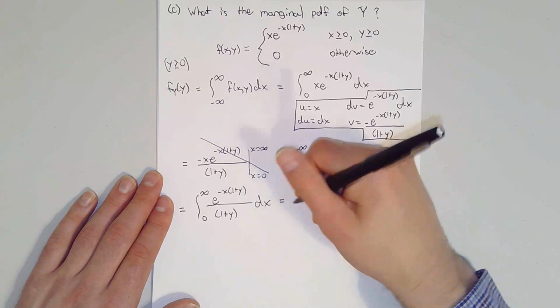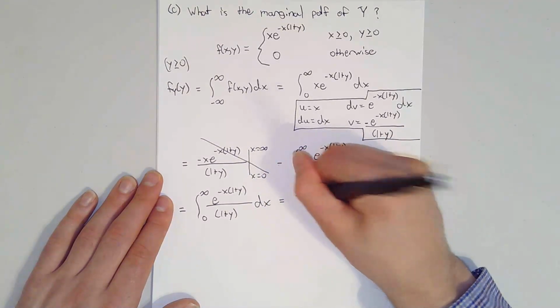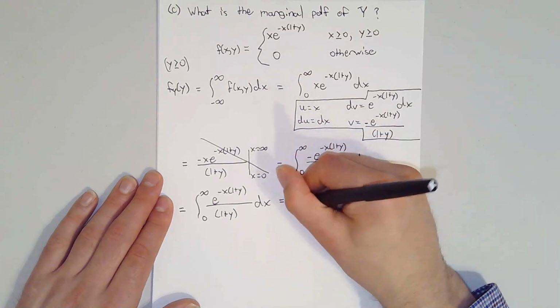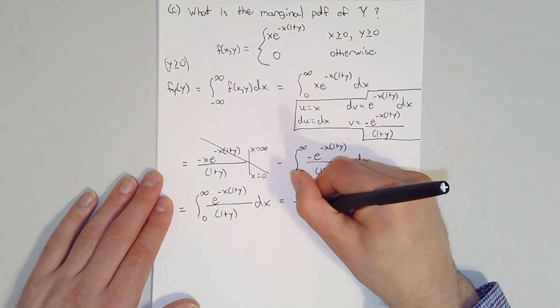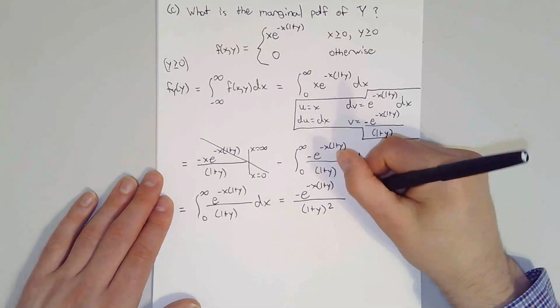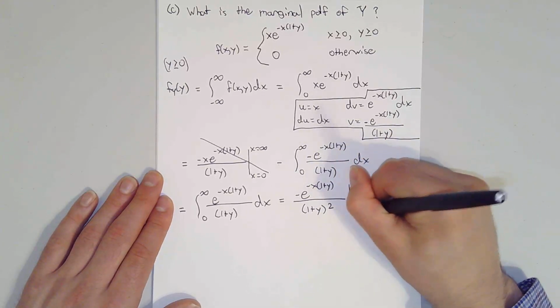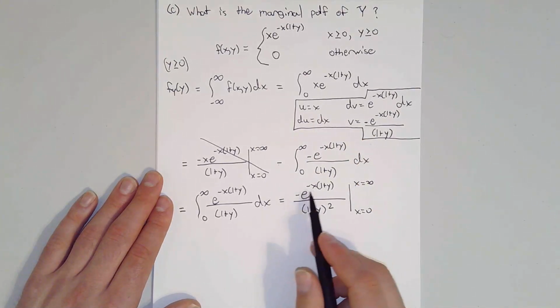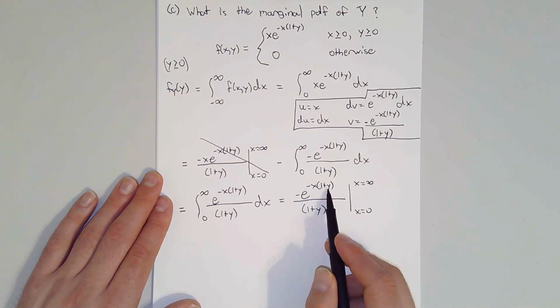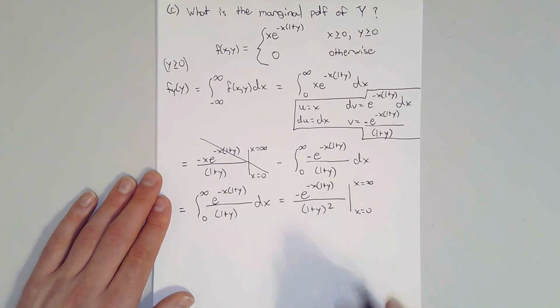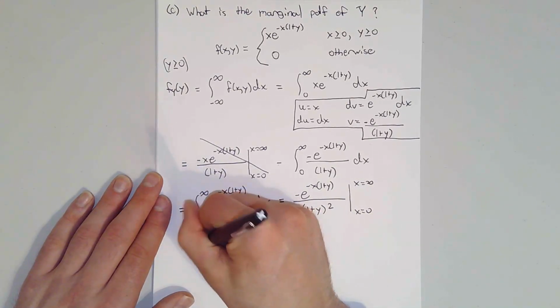So this is then negative e to the negative x times 1 plus y, divided by the quantity 1 plus y squared. And this is at x equals 0 to x equals infinity. So it's clear to see y is non-negative, 1 plus y is positive, which means that the top expression here, in fact, goes to 0 as x goes to infinity. So this is then 0.